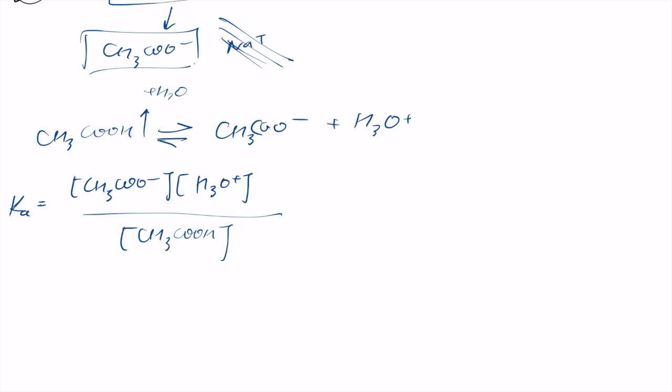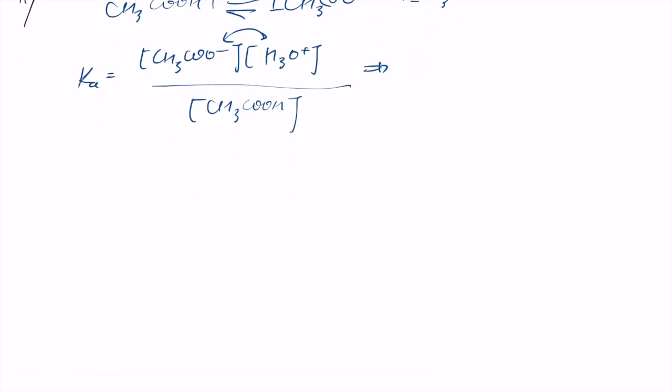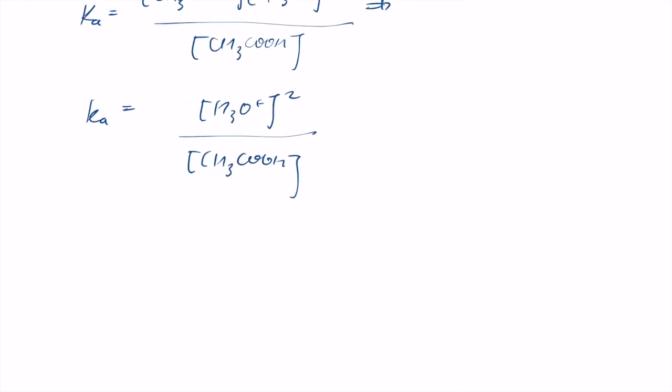Now, an assumption we can make is that because the autoionization of water is so negligible, we can just say that these two concentrations are effectively the same because their coefficients are also the same. So this just means that Ka is equal to the square of our hydronium ion concentration over our ethanoic acid concentration.